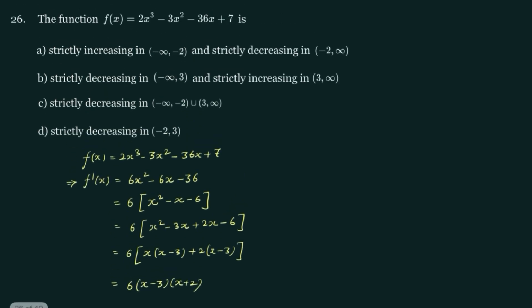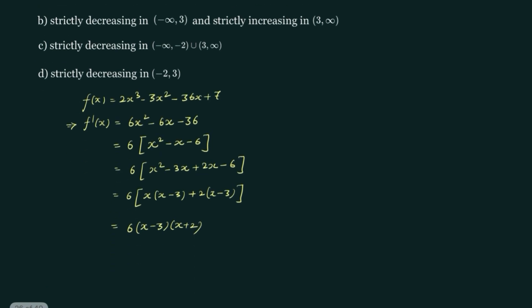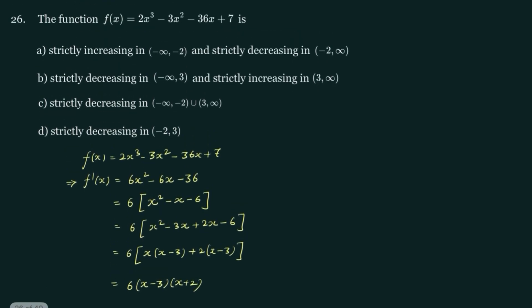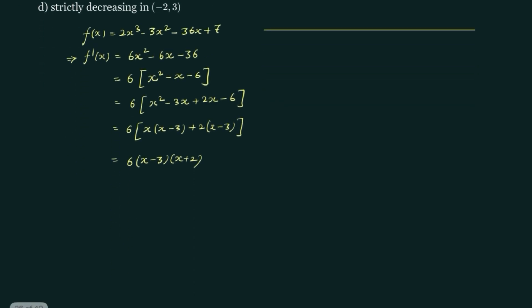Okay, now since we have factorized the derivative, now let me draw a number line, and looking at the derivative I can see that my critical points are minus 2 and 3.